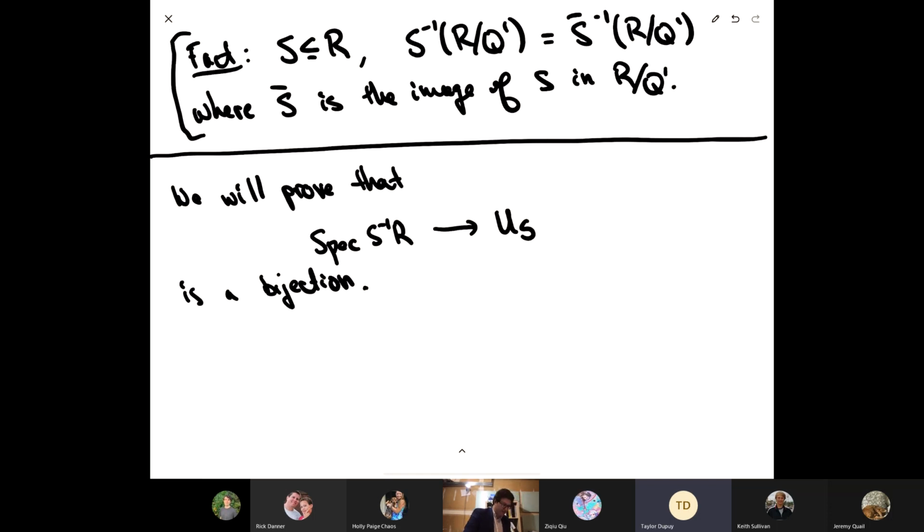To do this, we're going to show that it has a left inverse and a right inverse.